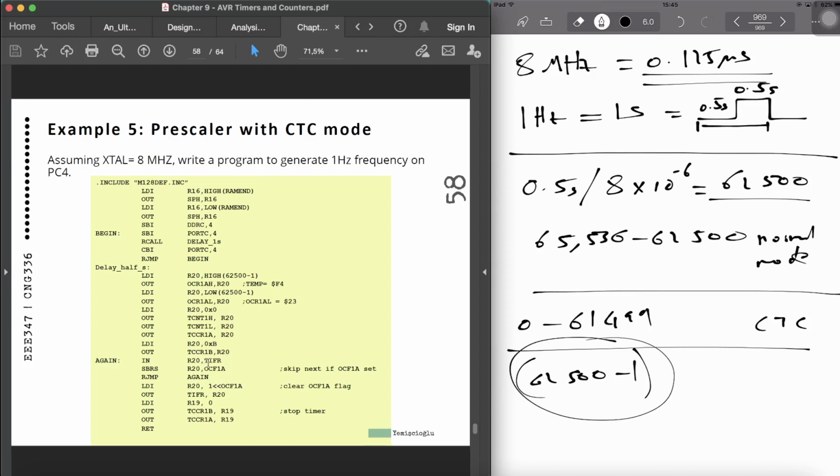And we have to monitor the OCF1A flag. It's the similar thing. When it is set, we clear the flag and we stop the timer. If it is not set, we keep monitoring until it is set. So the modifications are generally done with the OCR based on the delay that we want, and depending on the mode, either we set TCNT or we set the OCR values.